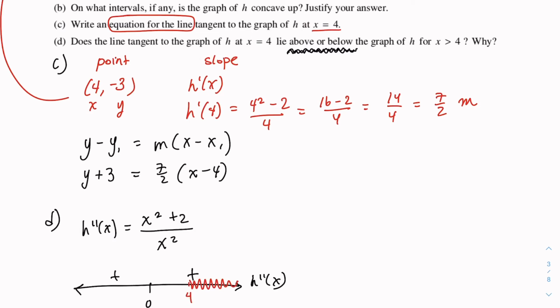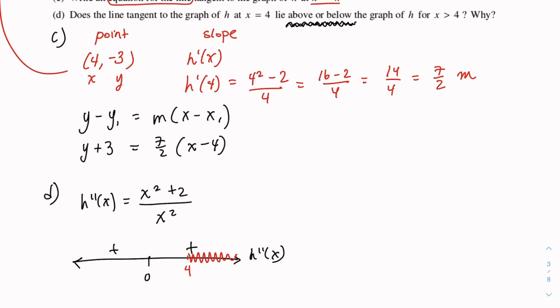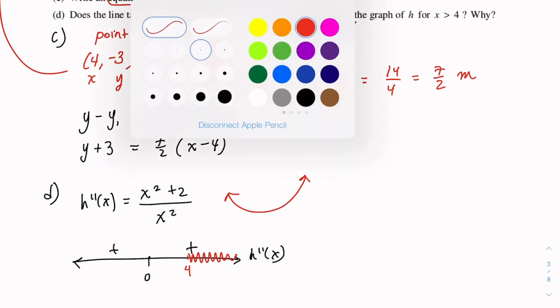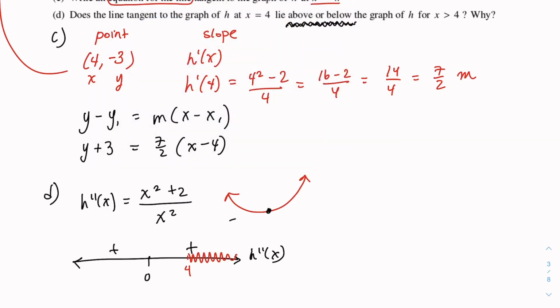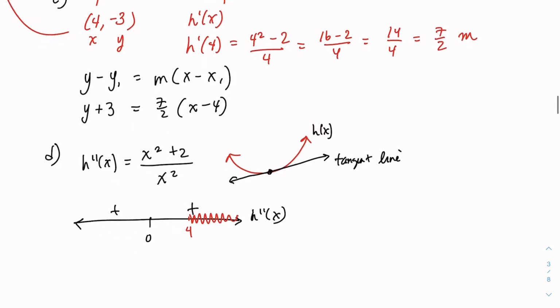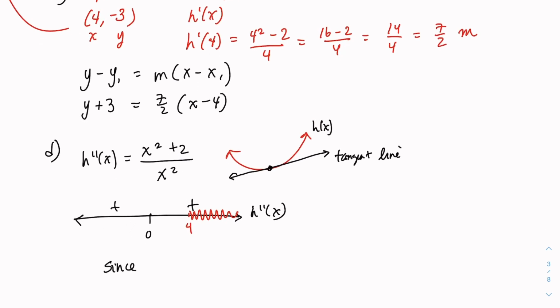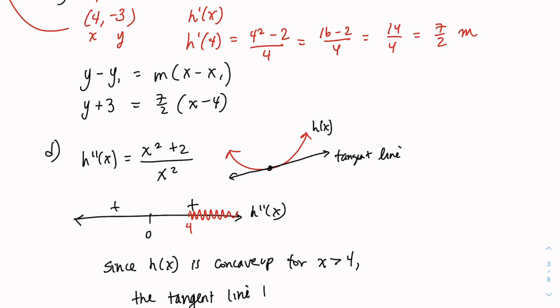In fact, it was concave up everywhere, if you recall from part B. So since our graph is concave up, draw a quick sketch and realize that our tangent line will be below the curve h of x. So let's write our final answer. Since h of x is concave up for x values greater than 4, the tangent line lies below the curve.